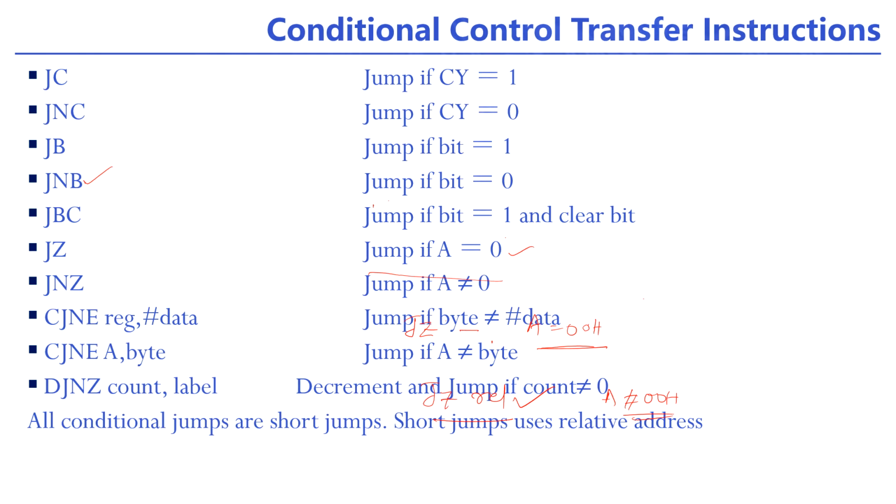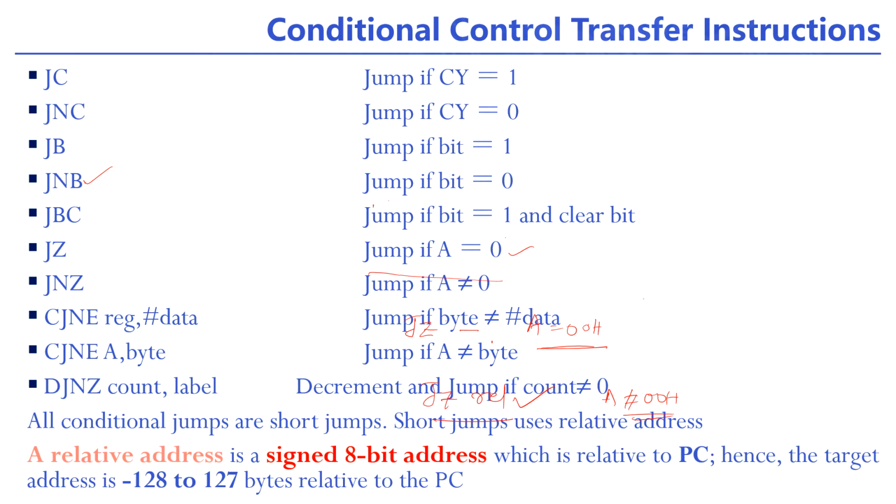We will discuss these three instructions briefly in the next slides. One more important thing to note: all conditional jumps are short jumps only. This is one of the important things to remember.